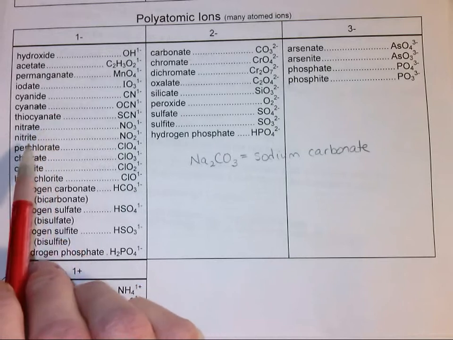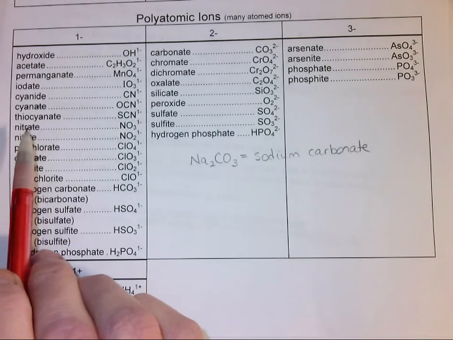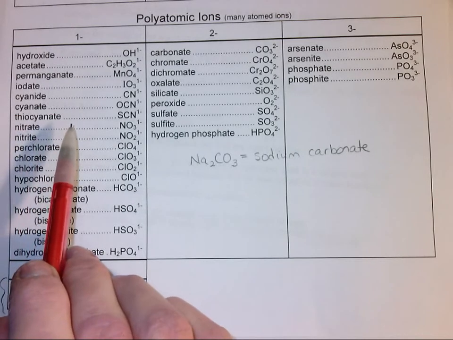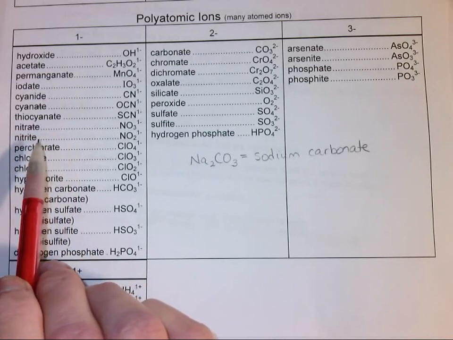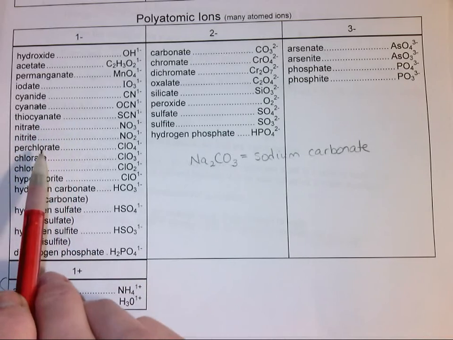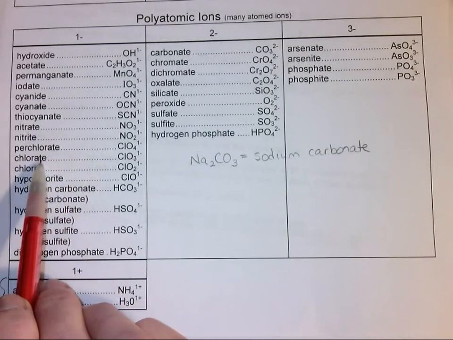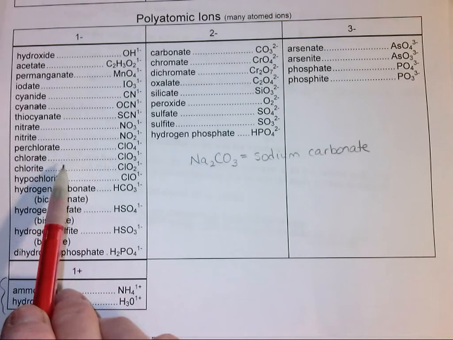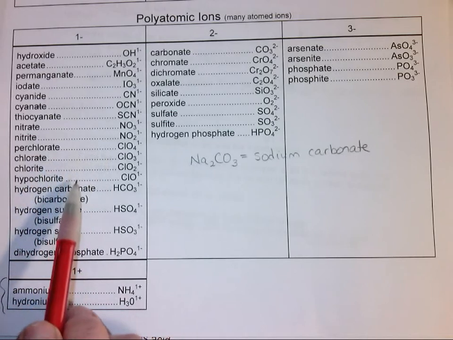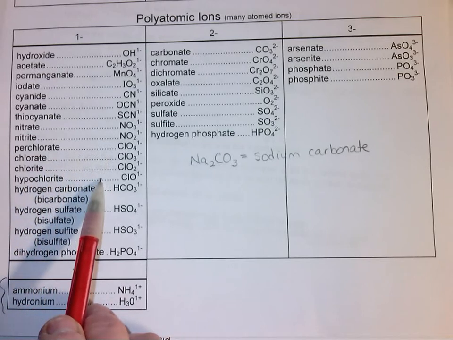Remember the ate, ic, ite, ous. So nitrate becomes nitric acid. Nitrite becomes nitrous acid. Perchlorate becomes perchloric acid. This would be chloric acid, chlorous acid, hypochlorous acid.